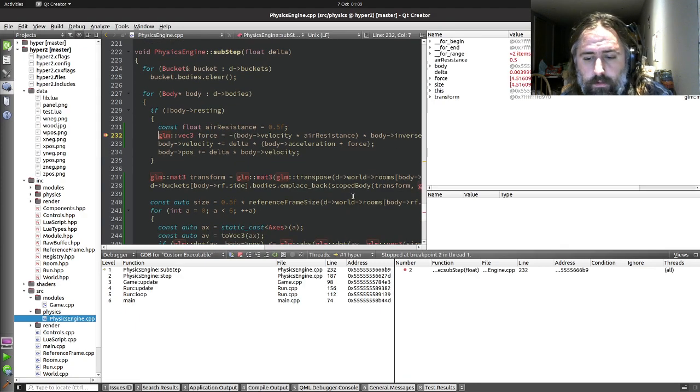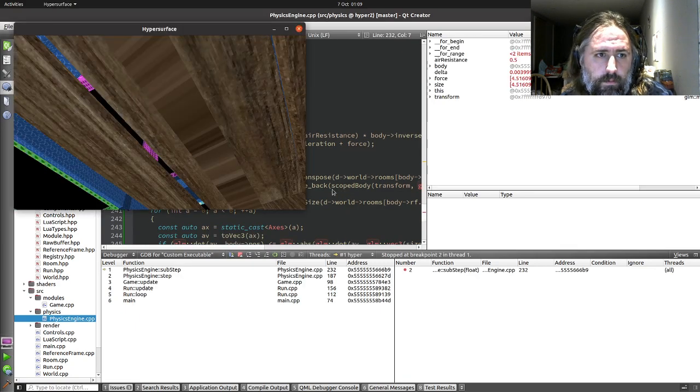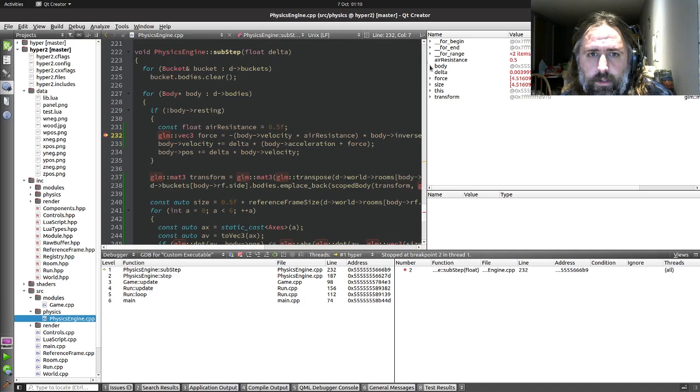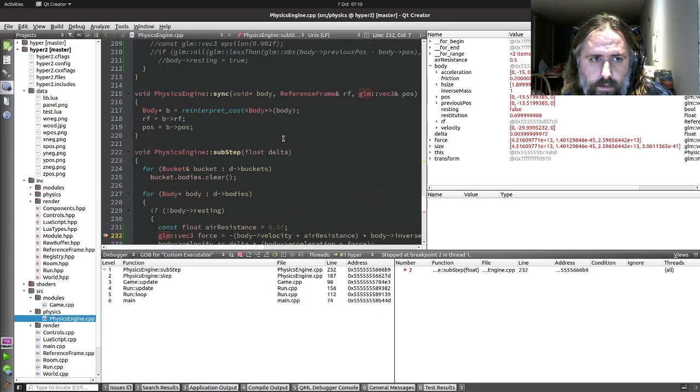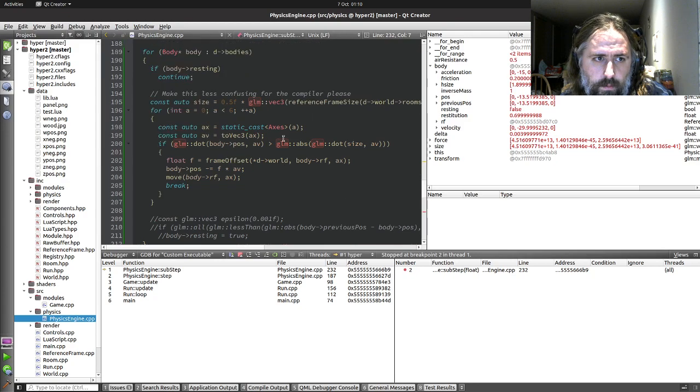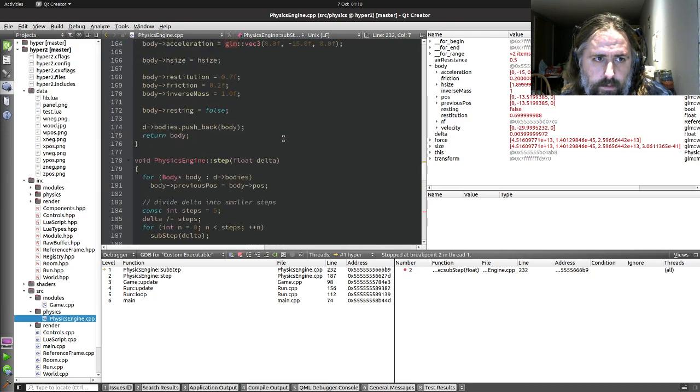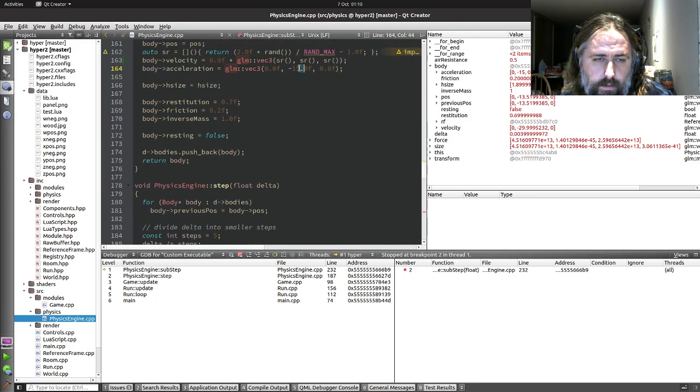Let's have a look. Whoa! Okay, I believe it's roughly at its maximum speed. So it's going 30 downwards. Oh, and its acceleration will be 15. Yes.